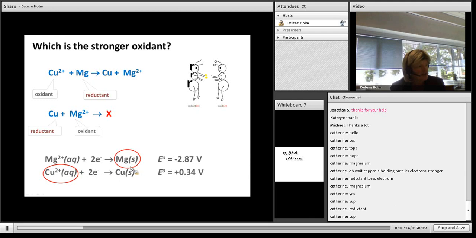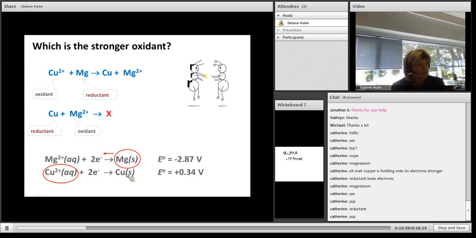You can't have magnesium ions reacting with copper ions. It's not going to work because you need one to hand over the electrons. So in this case, it's magnesium handing over the electrons to go that way, and the copper is taking those electrons to go from left to right. So one reaction will always go from right to left, and the other one will always go from left to right.